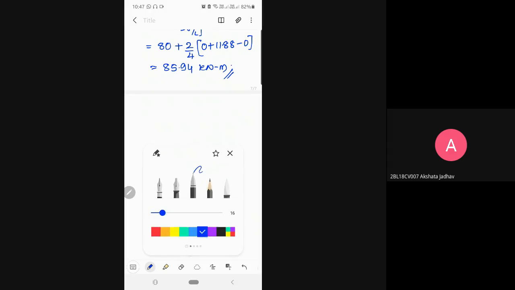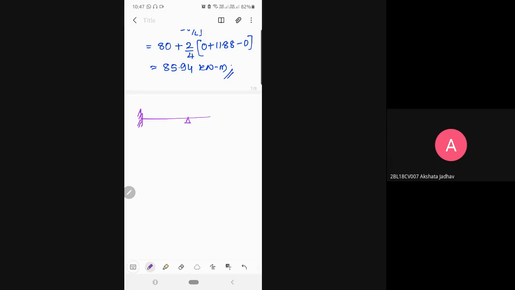So the problem is, we'll take this problem in the next class. You have a UDL of 20 at B. This is 4 meter, total is 6 meter, this is 5 meter, and you have another 1.5 meter overhang with a force here, which is 20.